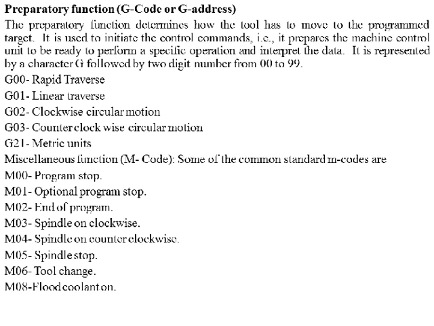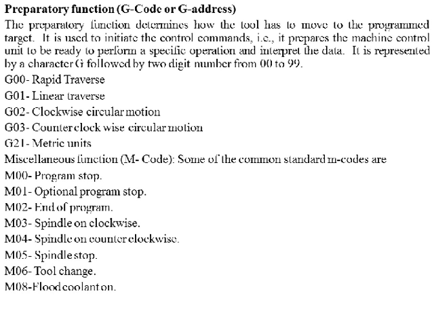A few of the G codes are listed below. These are the standard G codes. Here I have listed a few of them. G00 indicates rapid traverse. G01 indicates linear traverse. G02 indicates clockwise circular motion.